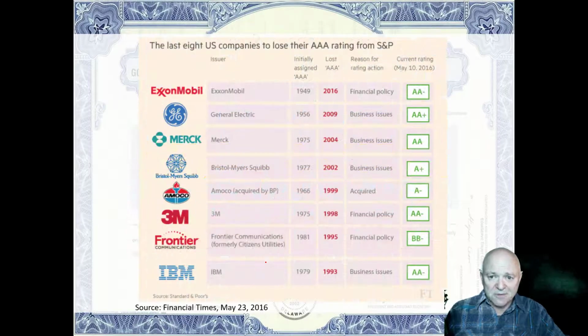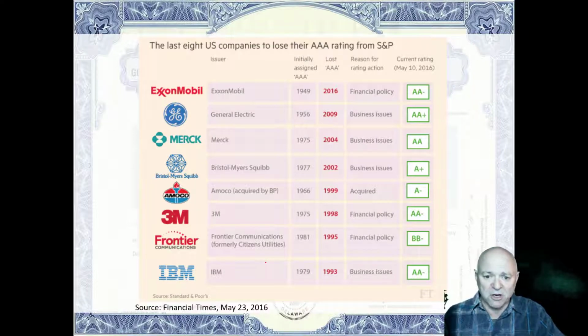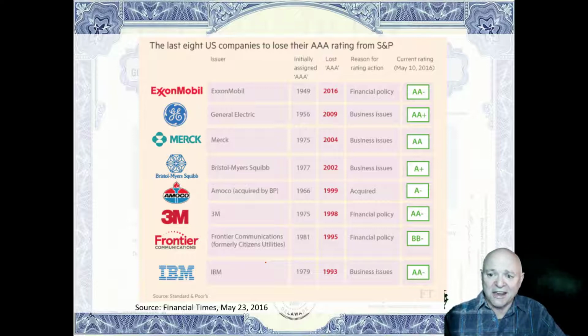For example, some of the best-known AAA companies include companies like ExxonMobil, GE, Merck, Bristol-Myers, and so on. These companies gave up, essentially made a strategic decision, that it wasn't really worth hanging on to that AAA rating. ExxonMobil originally earned their AAA rating in 1949, and imagine being the manager in 2016, overseeing the decline of the company from AAA down to AA minus.